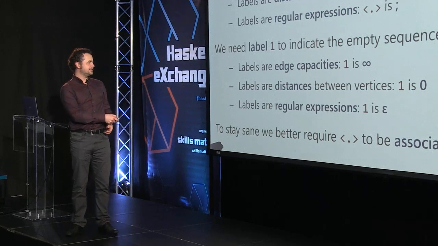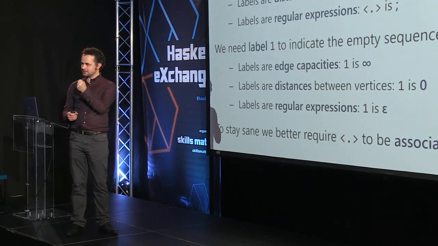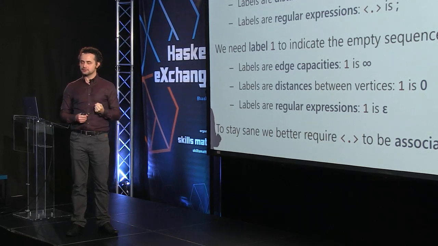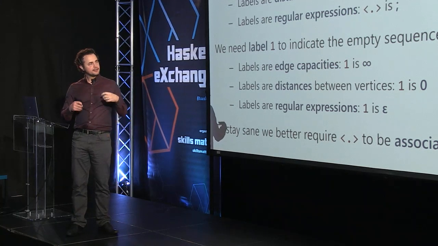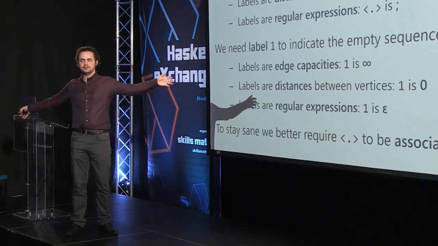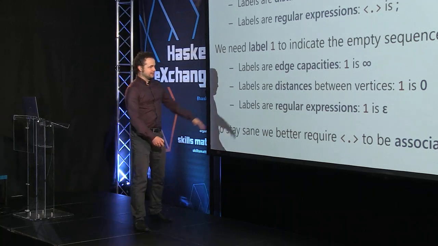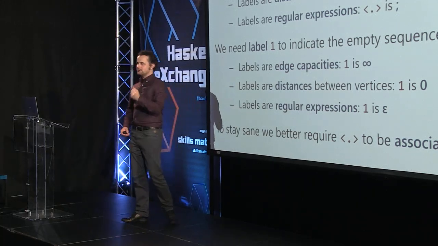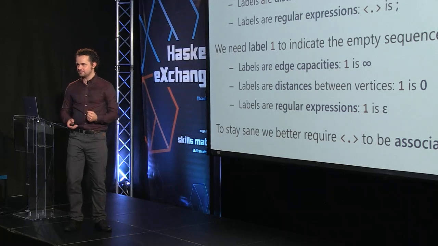If our labels are distances, for example, this is just 0. So the empty path has length 0 in terms of distances. But if we are talking about capacities, then the empty path has infinite capacity, right? It's like an infinitely wide motorway. And in regular expressions, the 1 is just the empty string. So you can reach from a state to a state by doing nothing, essentially.